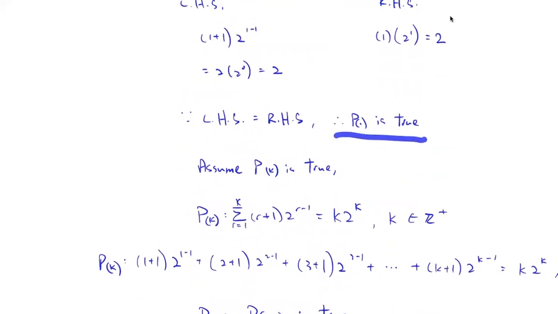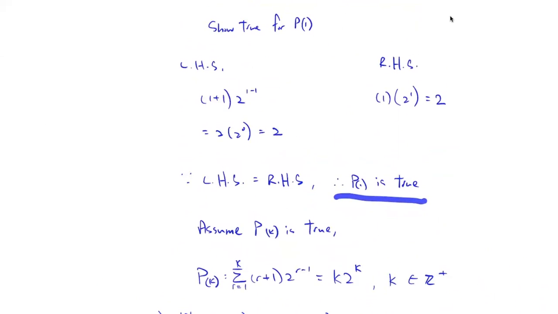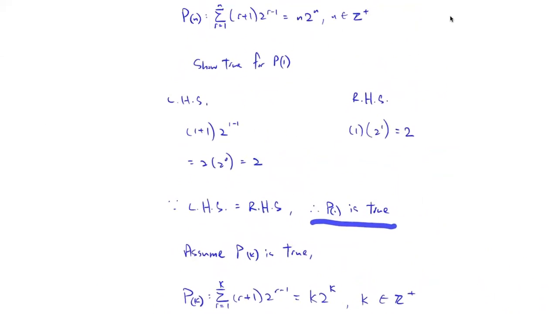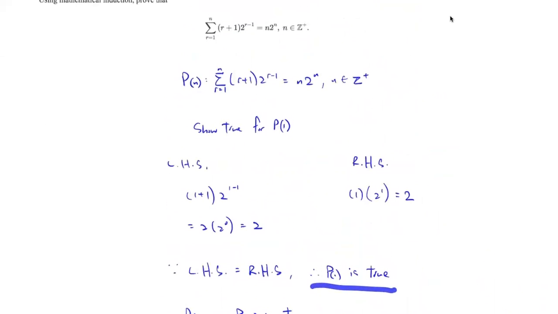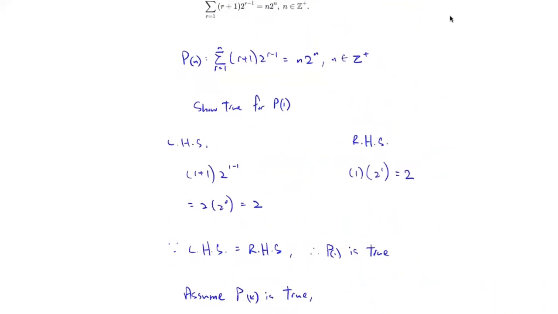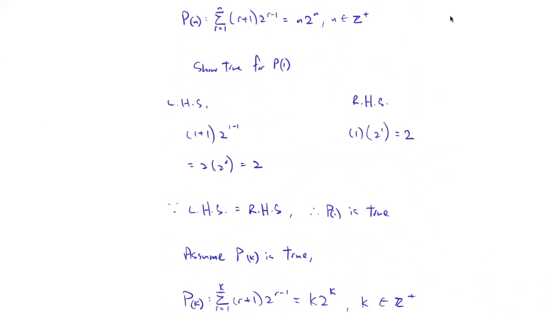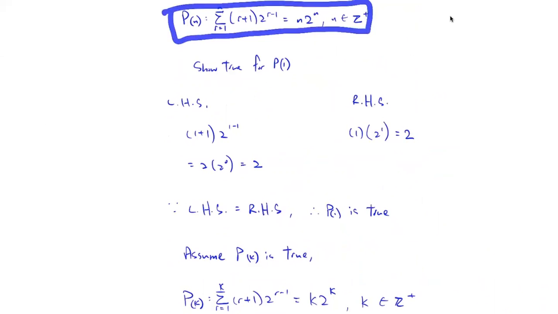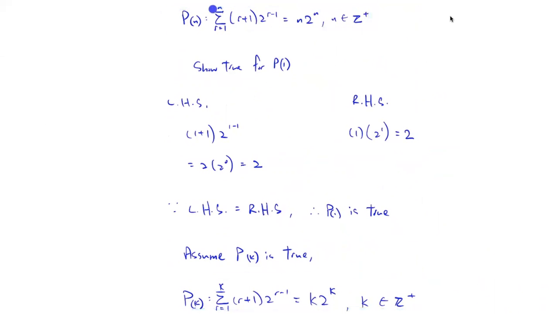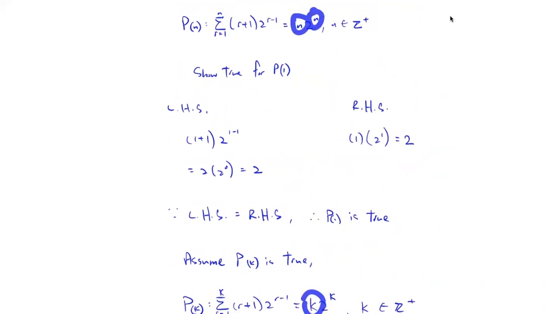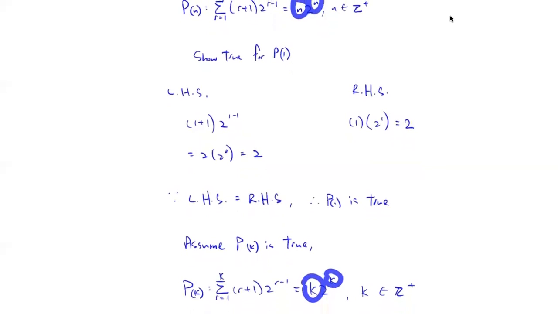And then we assume Pk is true. What we're doing is changing all the n values from this expression to k. So all the n's here become k. All the n here becomes k.